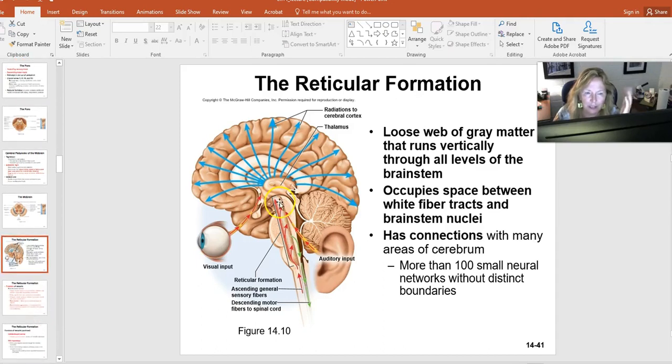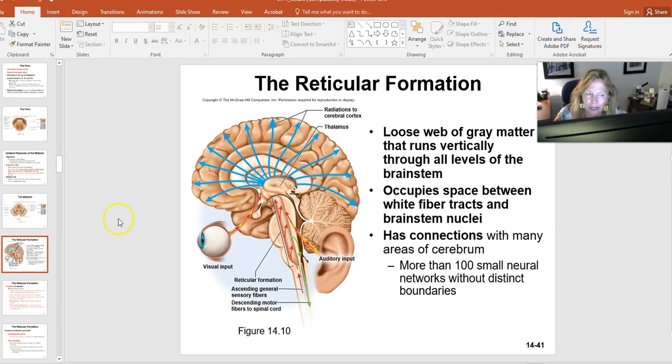Now, as far as the reticular formation, I don't ask anything about it, but we understand that as sensory information is coming in through the spinal cord and through some of the cranial nerves, this information gets sent up and processed through the thalamus to the gateway of the cerebrum, but also through the cerebellum.